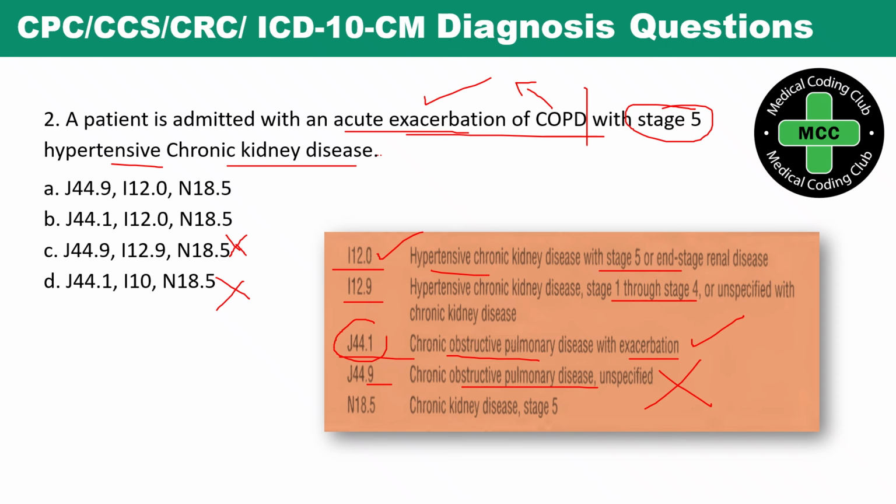J441 is the correct code, so between option A and B, you can eliminate option A, and option B will be the correct answer. Coming to N18.5, here we code N18.5 to specify the chronic kidney disease stage. To specify the CKD stage as stage 5, we use N18.5.